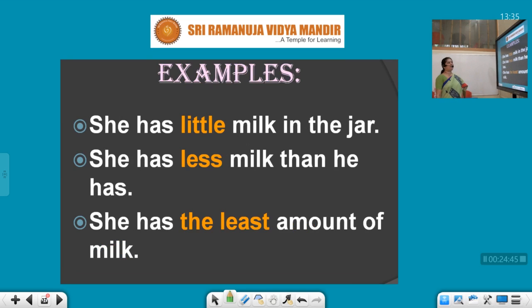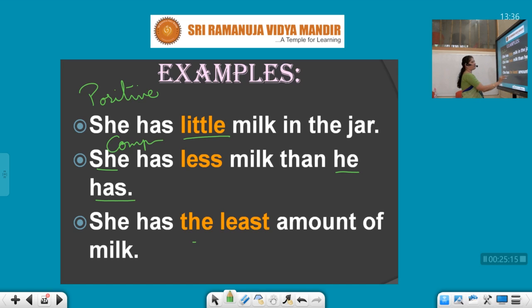She has little milk in the jar. She has less milk than he has. She has the least amount of milk. So she has little milk. I'm not comparing her to anybody else. So this is a positive degree. She has less milk than he has. I'm comparing she with he. So this is comparative.